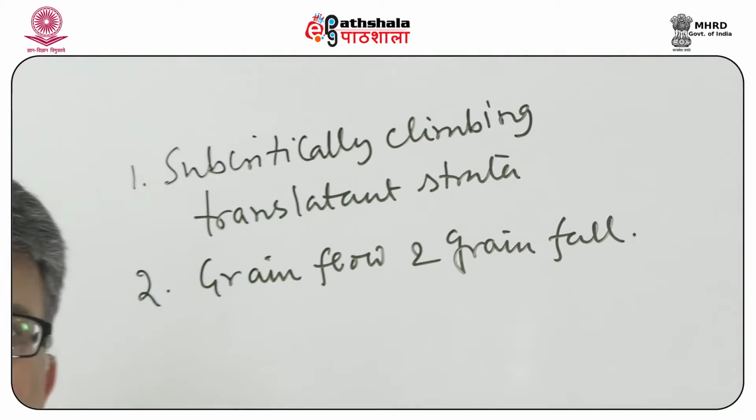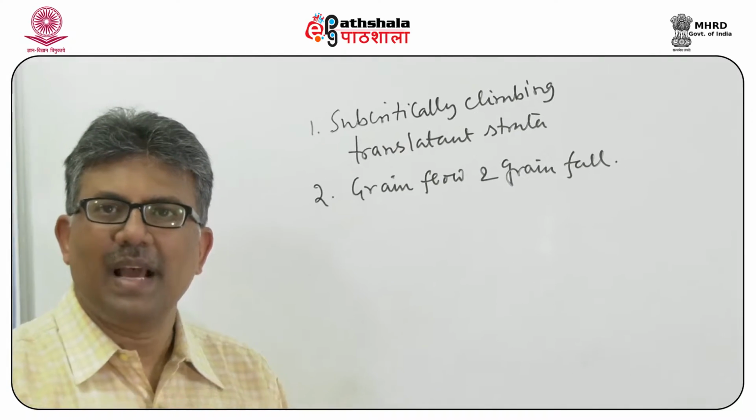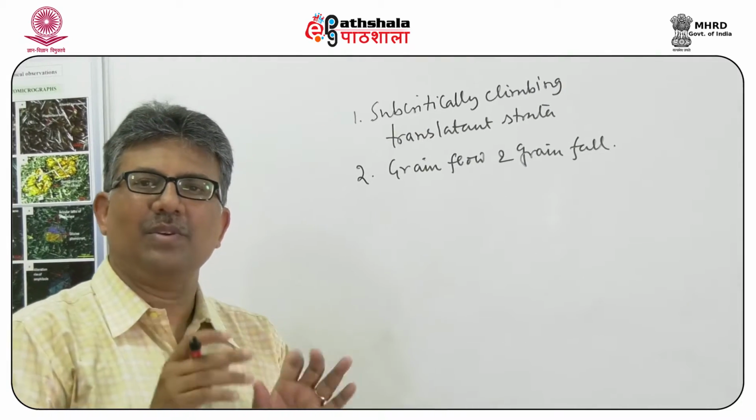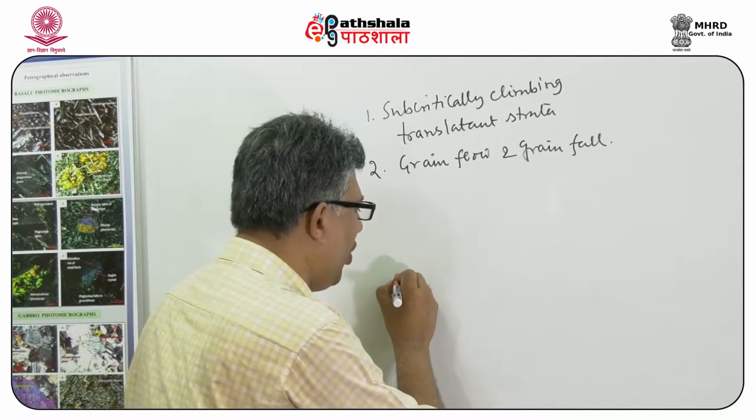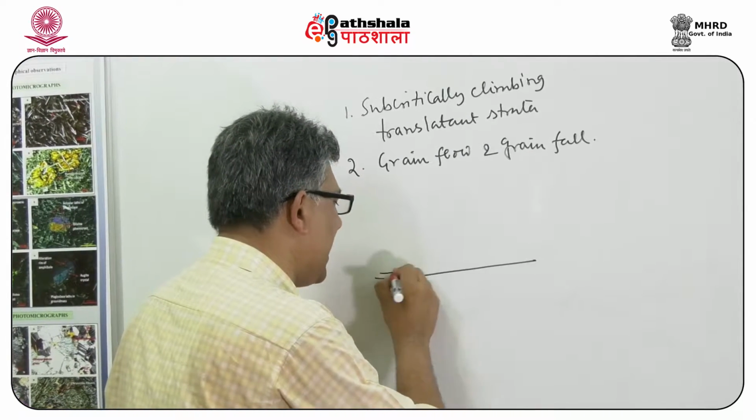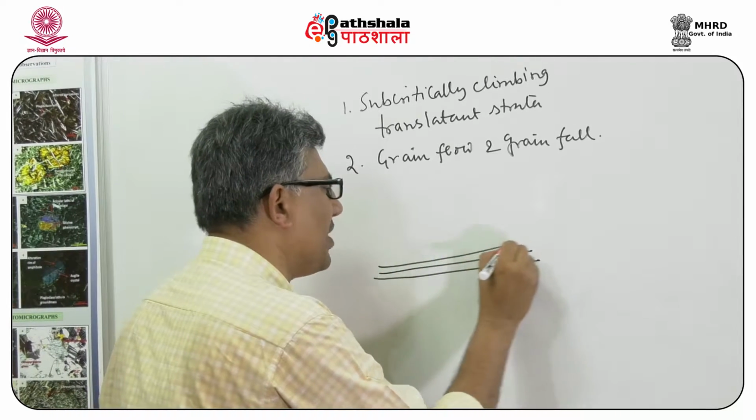Now, subcritically climbing translatent strata, that is the product that you will see in the figure, which I am also drawing: very low angle stratifications that you will get in a very well sorted sandstone.